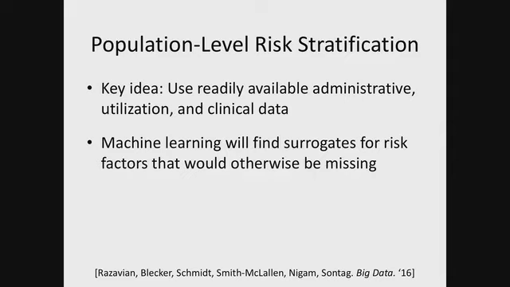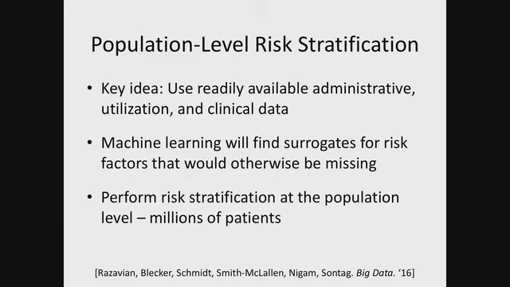Maybe we don't have access to all of those features I showed you earlier, like maybe we don't know the patient's weight, but we'll use machine learning on the data that we do have to try to find other surrogates of those things we don't have, which might predict diabetes risk. And then we can apply it automatically behind the scenes for millions of different patients, find the high-risk population, and perform interventions for those patients.